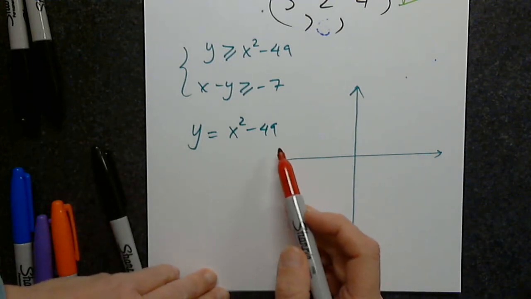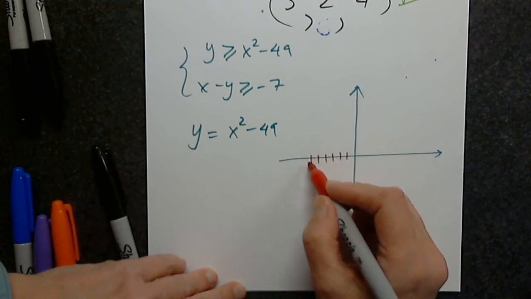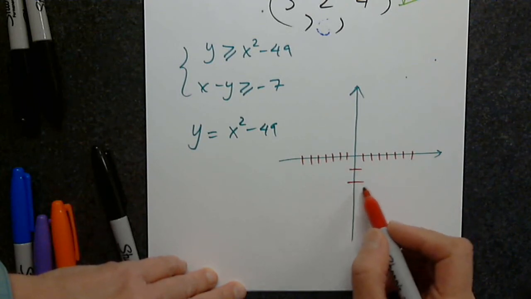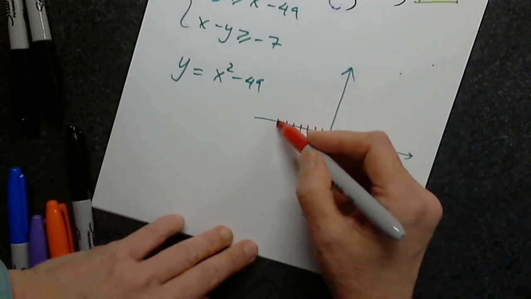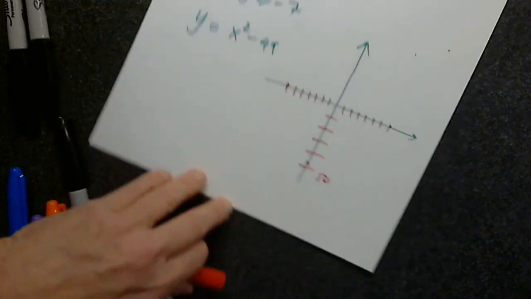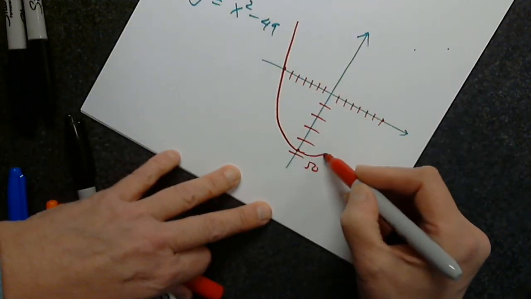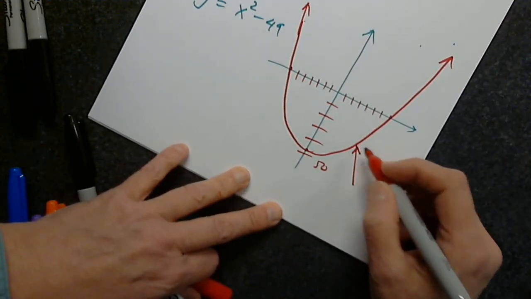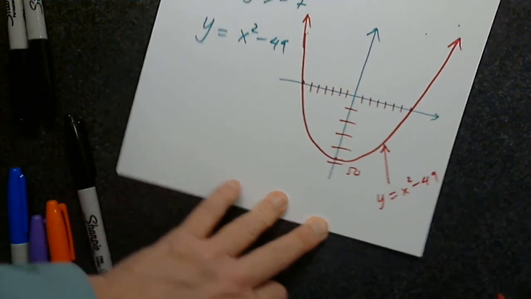So you set this equal to 0, you get positive and negative 7. 1, 2, 3, 4, 5, 6, 7. And I'm going to say 10, 20, 30, 40, 50. And 49 is here. And it looks like this. Solid or not? Yes. Absolutely solid. So this is just the curve or the function y equals x squared minus 49.